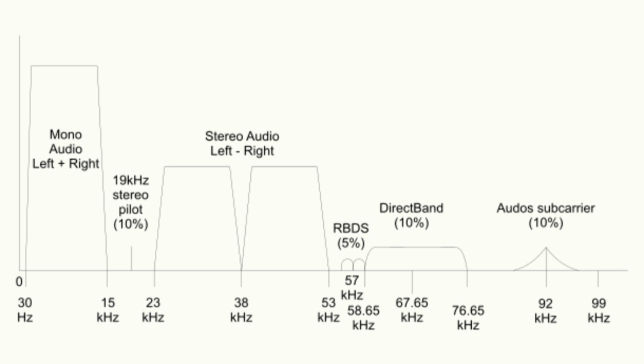On this little chart here, it shows direct band and audio subcarriers, which is where additional program audio was carried that the average person could not receive, because their receiver wouldn't tune that in. But if you had a specially modified receiver, or a commercial receiver supplied by the company buying that spectrum, you could.